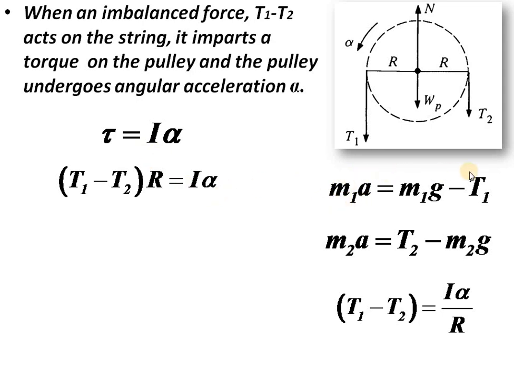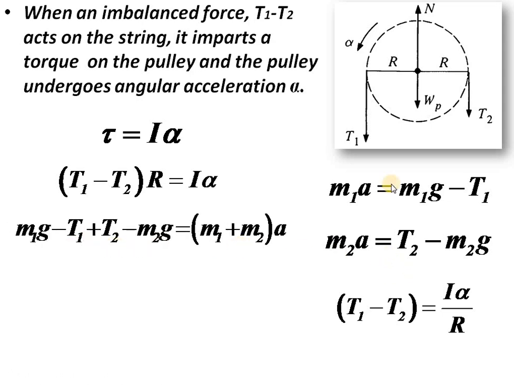Already you have written that M1A is equal to M1G minus T1 and M2A is equal to T2 minus M2G. If you solve it, what do we get? We just add both the equations.